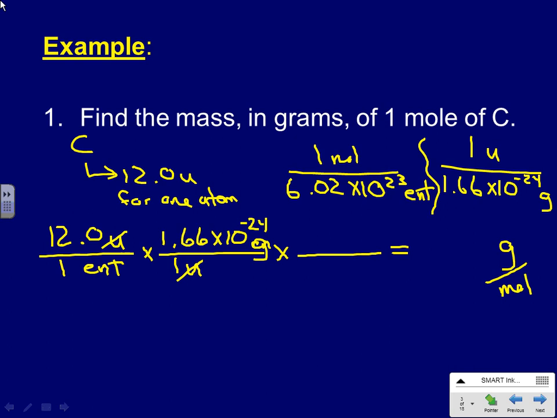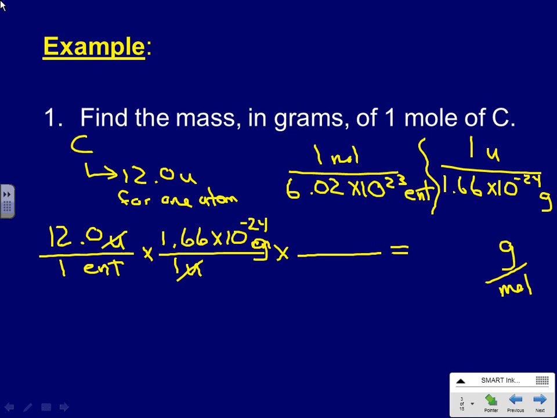What do I need to get rid of in order to complete my conversion of this unit of U's for 1 entity into grams per mole? What do I have to cancel away, Janessa? Entities. I have a conversion factor that has entities in it, right? Where's the entities going to have to go in order to get rid of that entities?